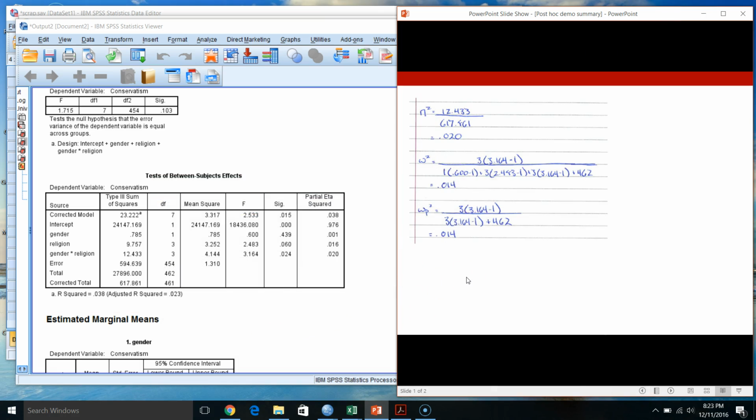Okay, so some options. We're not going to request omnibus post hoc tests within SPSS, because that's going to correct for 28 comparisons. That's too much. We're not trying to correct for all 28. But we can start to think about some other strategies. One, we're not going to Bonferroni correct for 16 comparisons.